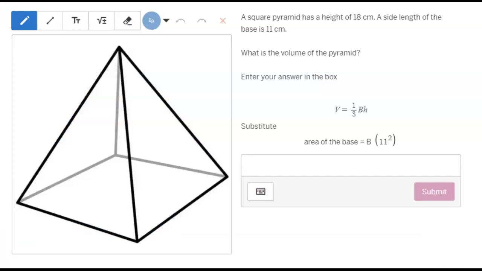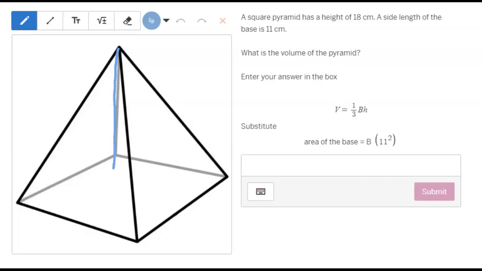A square pyramid, meaning that has a base of a square, has a height of 18 centimeters. A side length of the base is 11 centimeters. So let's go ahead and notate that. So it has a height, and I'm going to try to draw a line here because I'm not actually in Desmos, so we're just going to pretend that Miss Wattis can draw a straight line.